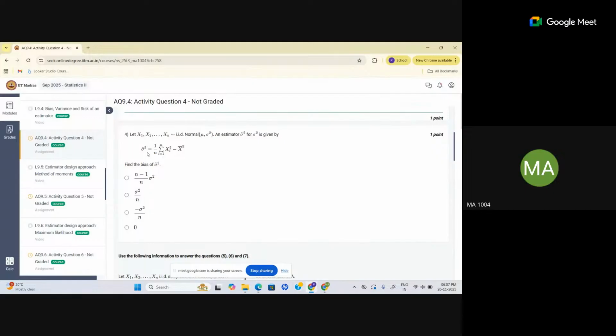First of all, sigma hat square is defined as 1 upon n summation xi square minus x bar square. Ma'am, your screen is not visible.